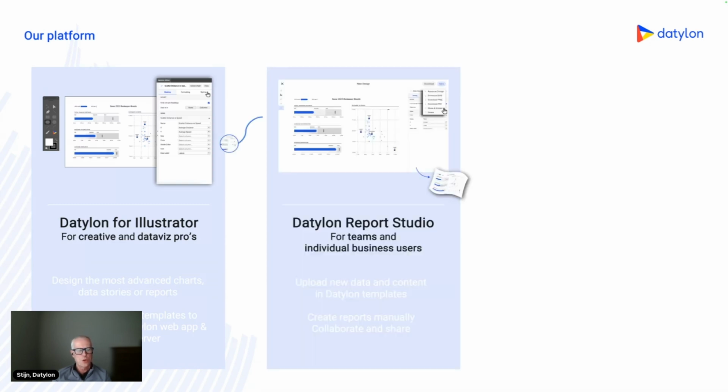But you can also use it to create templates. So you can use the plugin to create a one-off, like one design, one document, or you can create templates. And these templates can then be used by others who don't have access to Illustrator and create a report made out of the templates that the designer or the data visualization designer made for them.